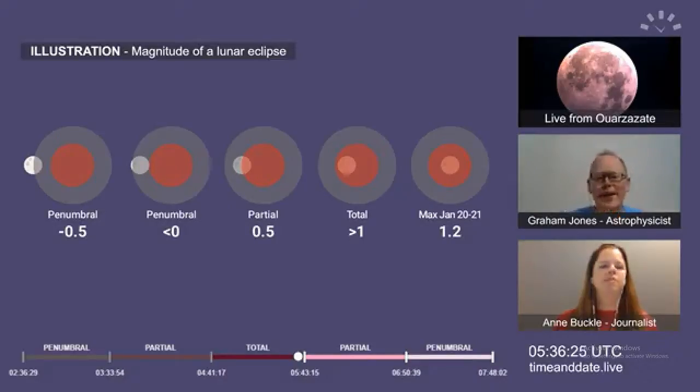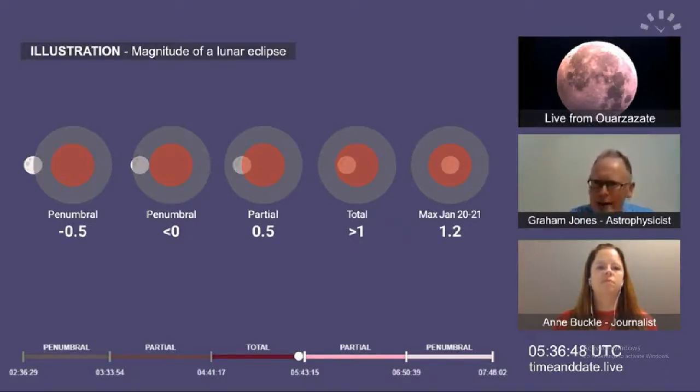And we talked earlier about how this was because the moon is going into the Earth's umbra, into the dark part of the Earth's shadow, to different depths. And there are actually some numbers we can put on this to talk about exactly how far into the umbra the moon is going.